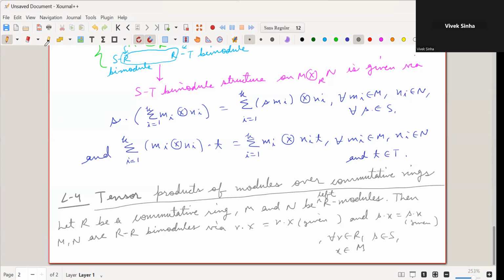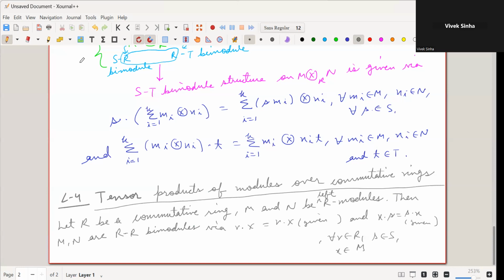So yeah, the left structure is given similarly. r·x is r·x because the left module structure is given by the hypothesis, and then we define the right structure. So x·s we simply define to be s·x from the left side.